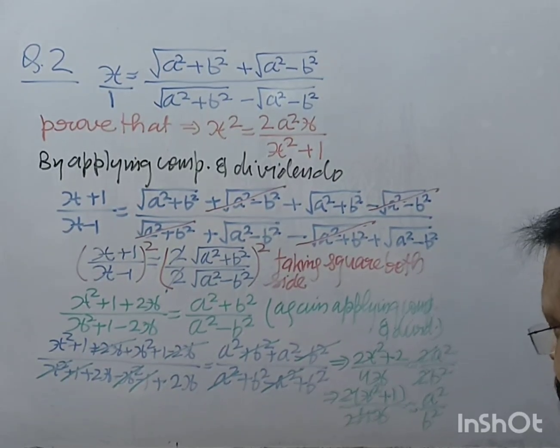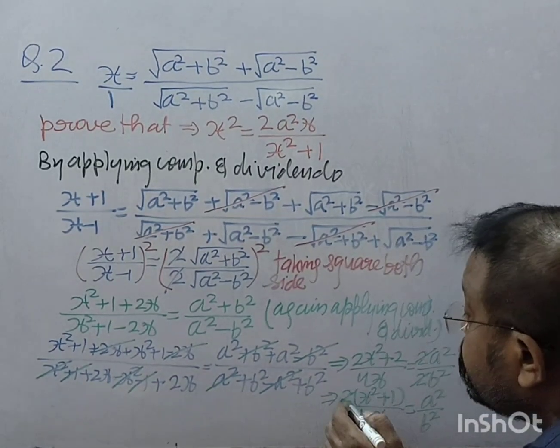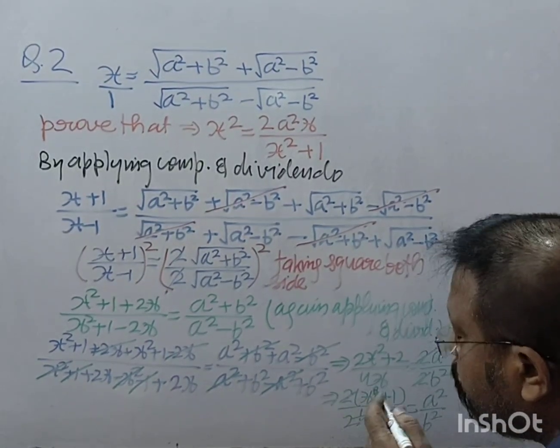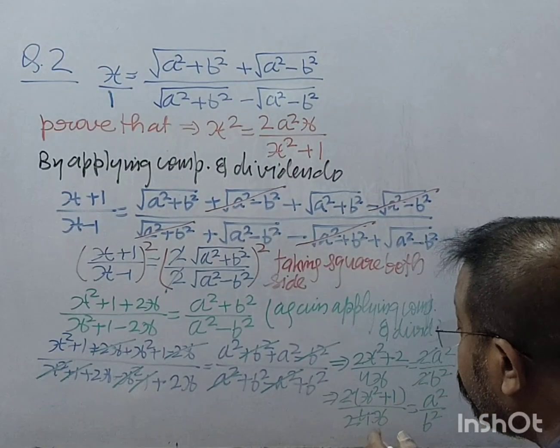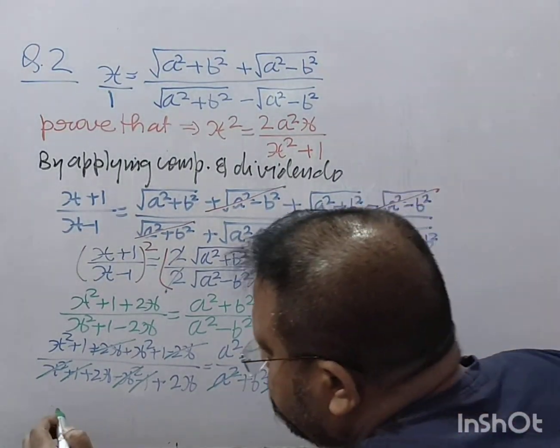Yeah, wait. This 2 is cancelled, 2 times 2 becomes 4, we get 2x. So finally you get the equation.